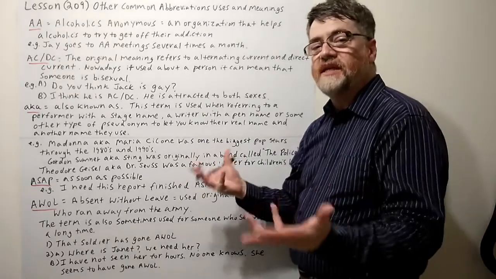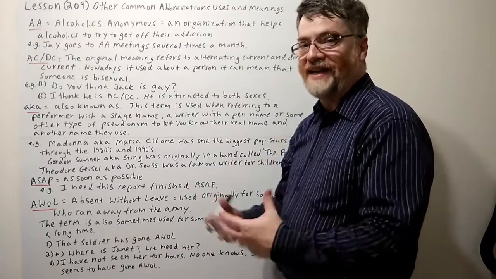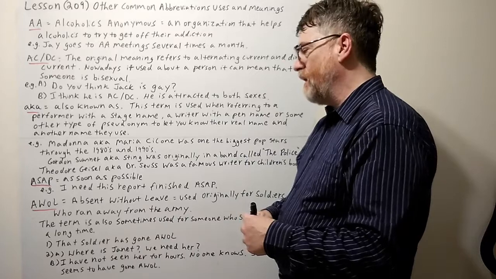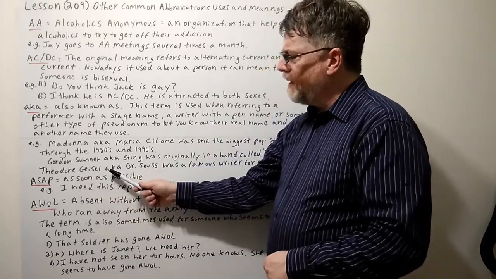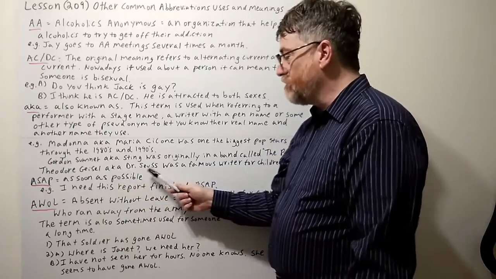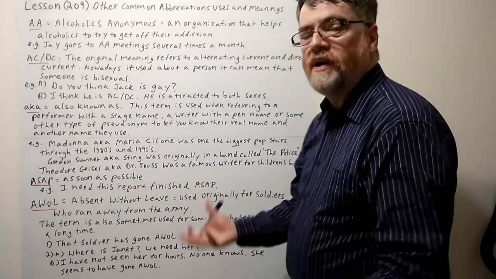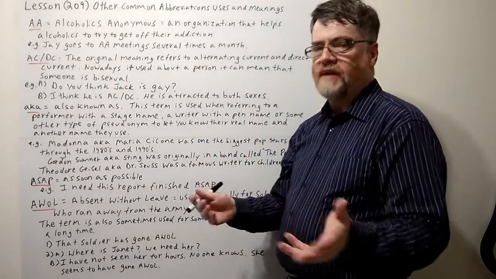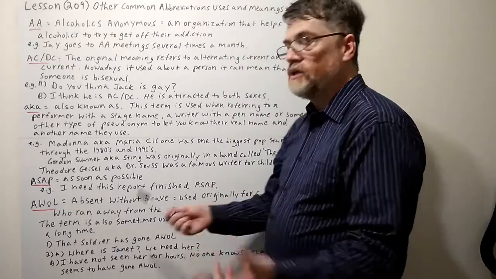If you know the famous singer Sting, of course that's not his real name. His parents did not name him Sting. His real name is Gordon Sumner. Theodore Geisel, AKA Dr. Seuss, was a famous writer of children's books. So again, it could be pronounced either way, or sometimes people also just read it as also known as.